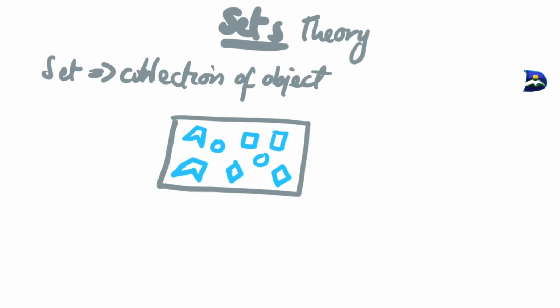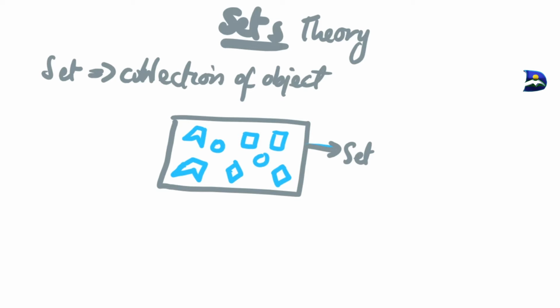All these here are in a set, and when we say that they are in a set, it means that whenever you have a container and the content inside it is defined, then that container itself is a set.